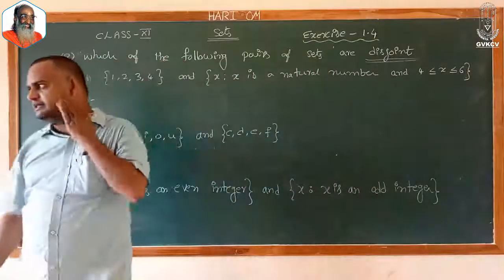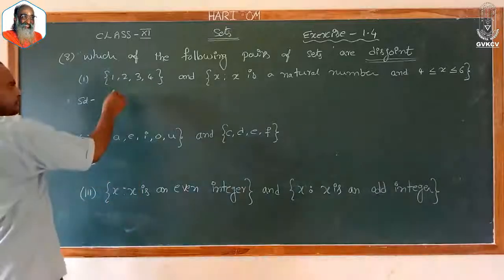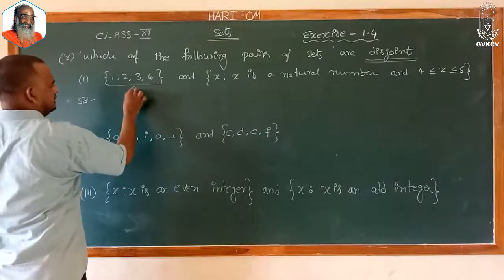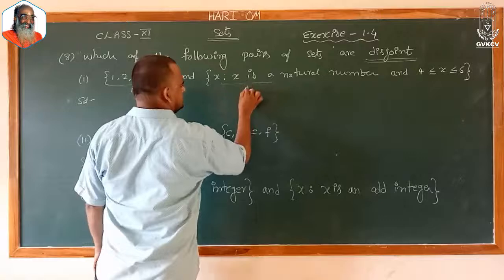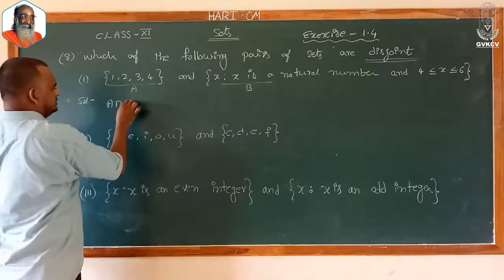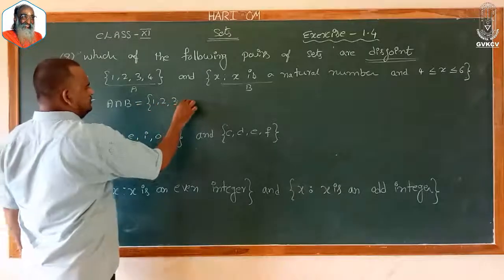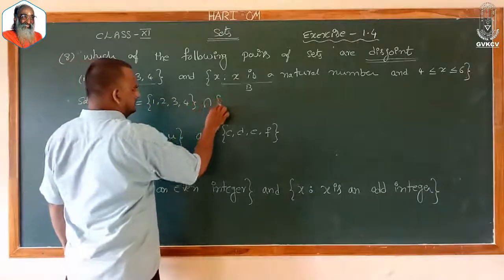We should convert them into the same format. If I consider this as set A and this as set B, now I need to find A intersection B. Set A is nothing but 1, 2, 3, 4.